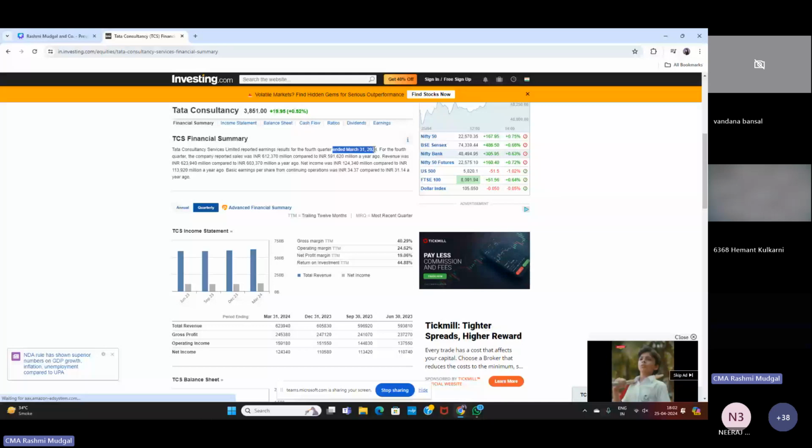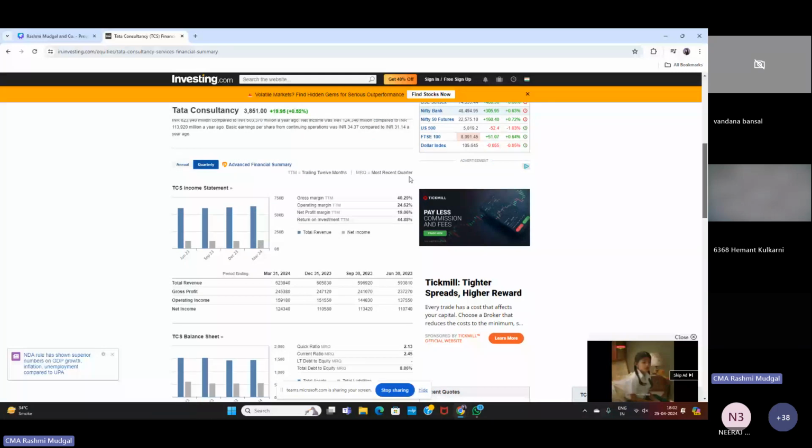Okay, so we have concluded that the total revenue in June 23 was 593, in September 23 it was 596, in December 23 it was 605, and in March 24 it was 623 billion.